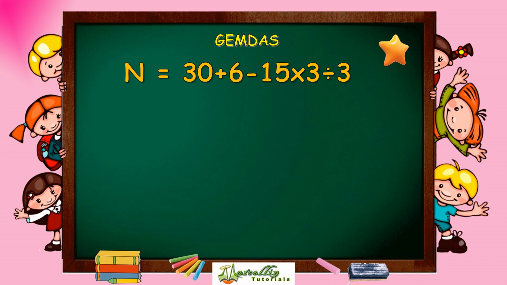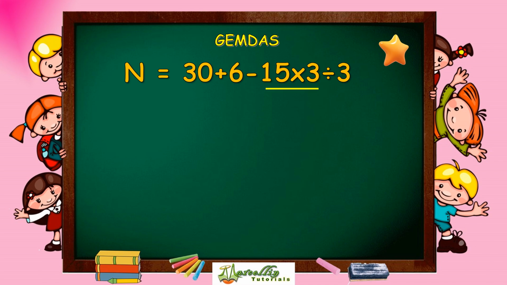Let's take an equation where multiplication, division, addition, and subtraction are present. We don't have any grouping yet, so we will start with multiplication and division. Let's apply the left to right process for multiplication and division.